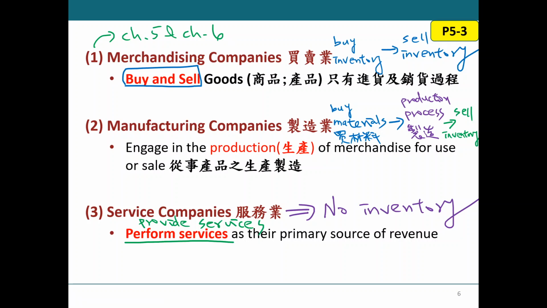In the future, if you are interested in more complicated situations, we have another course to talk about the second one, manufacturing company.